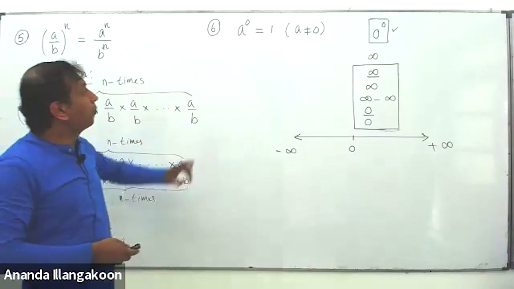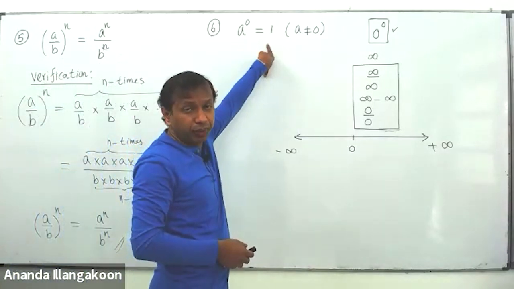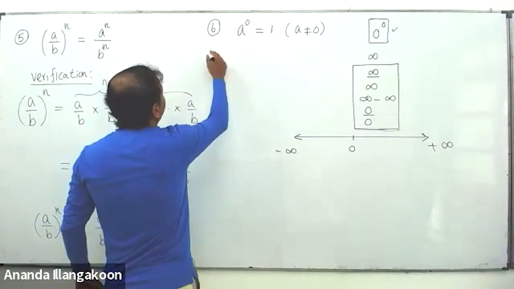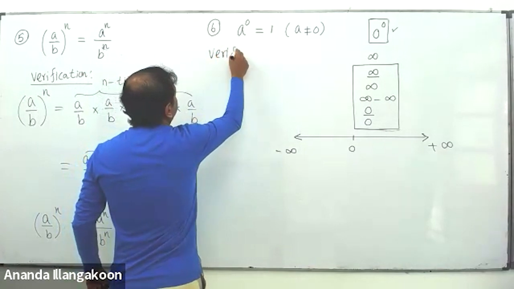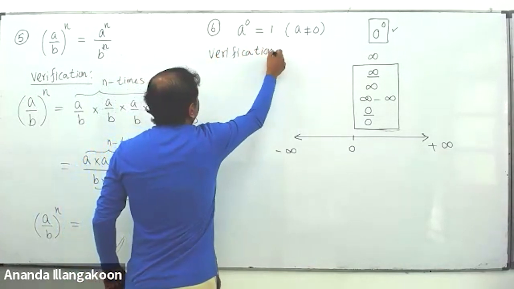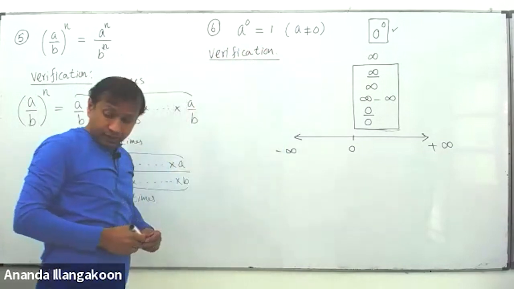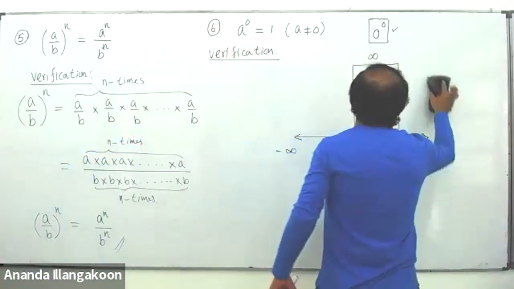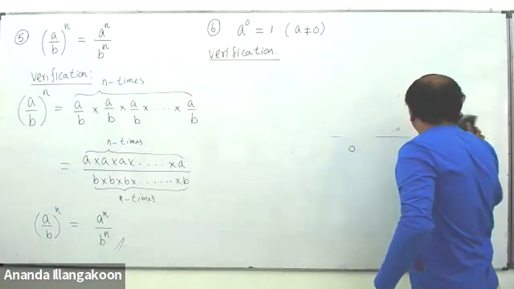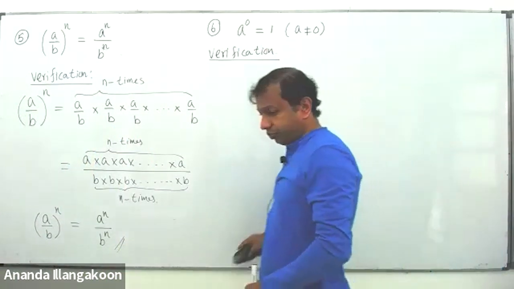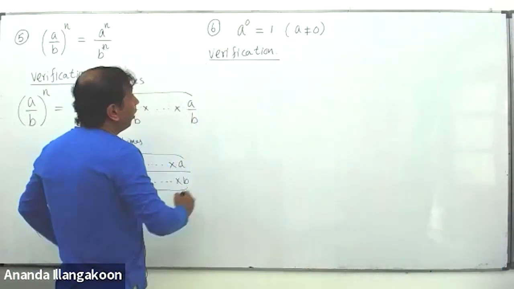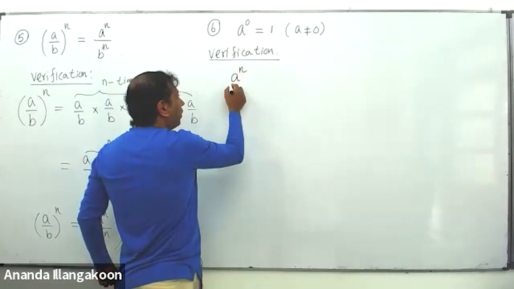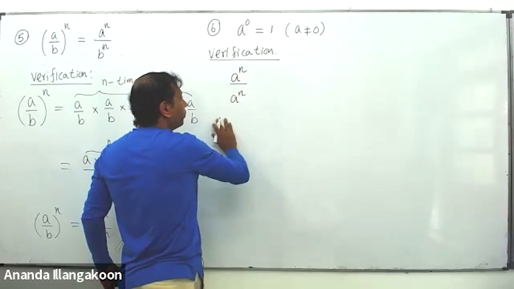Okay, so now let's see how to prove this, people. This can be proved like this. The verification we can do like this. I am going to take a to the power n divided by a to the power n.